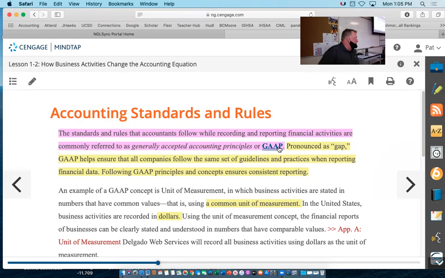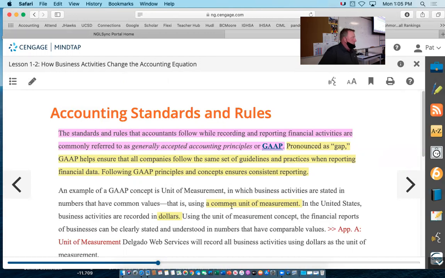Generally accepted accounting practices, these principles that we use. There's a bunch of them. But basically what they are, they're rules, standards, procedures that we have to follow that help us organize, manage, become better accountants, and follow the rules so that everybody understands what the processes are.